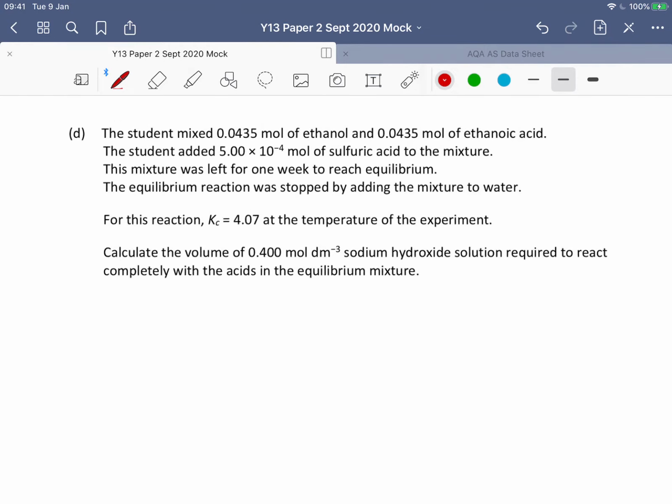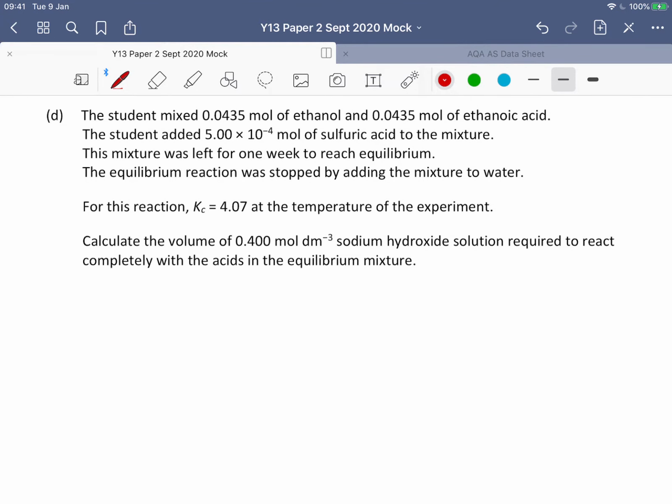All right, so now we come to this question, and I'm not going to lie, this is probably, for the number of marks and the time it takes to answer, one of the hardest questions I've seen in the new specification. It was in a specimen paper.